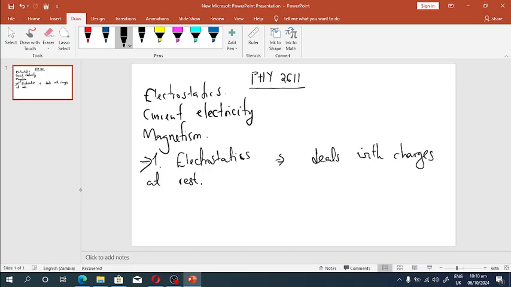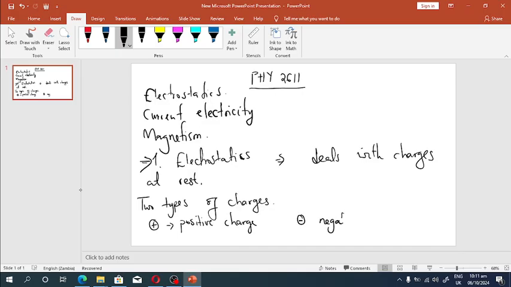So any substance is going to have a charge, and basically we have two types of charges. We have what we are regarding as a positive charge, and what we are regarding as a negative charge.